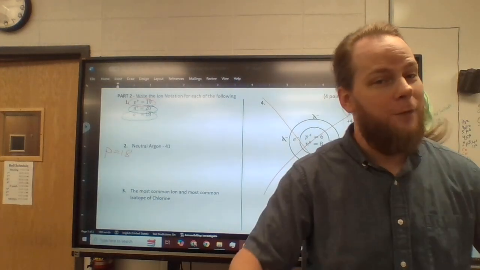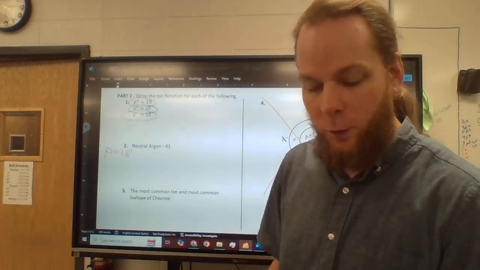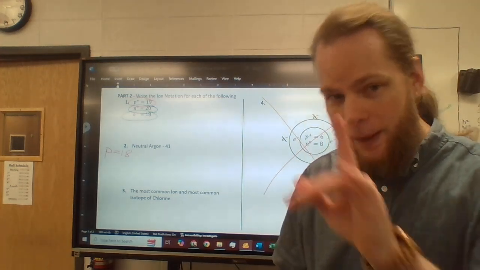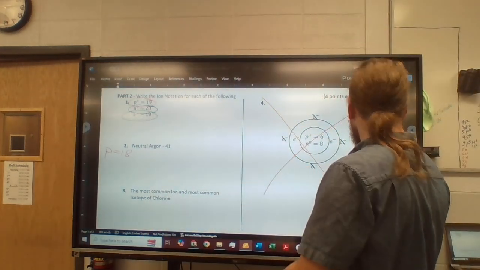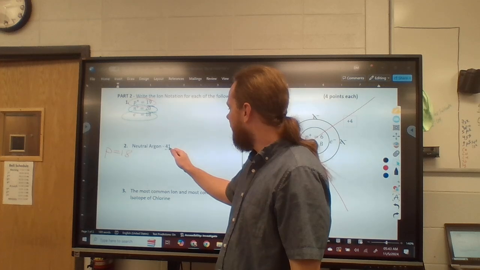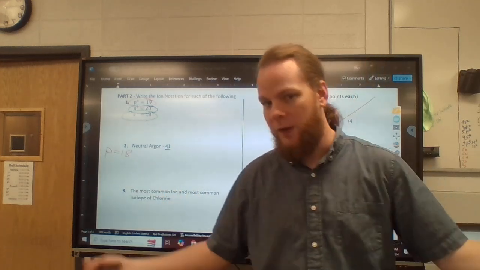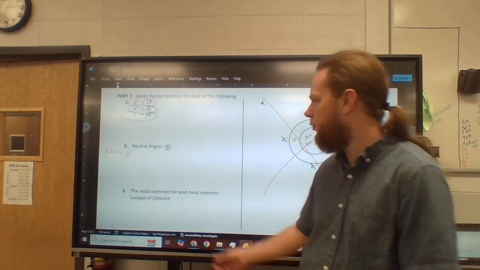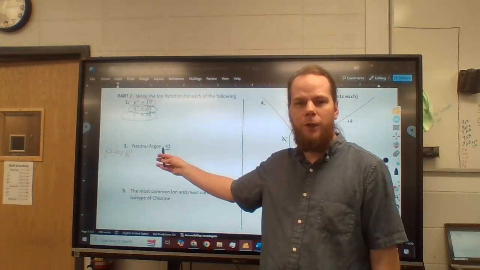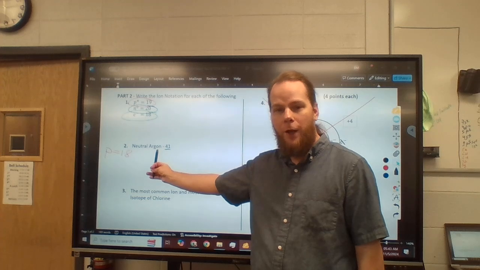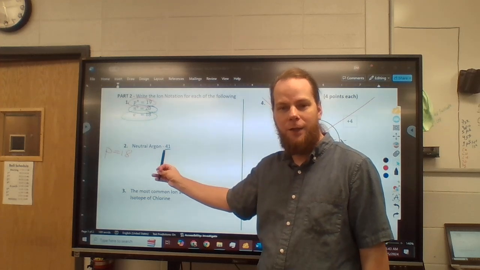That's 1/3. Now we need to figure out the neutrons. Well, we can't get the number of neutrons directly, but we do know that this number right here is the mass number, because this is an isotope notation: argon-41, element name, a dash, and then a number.